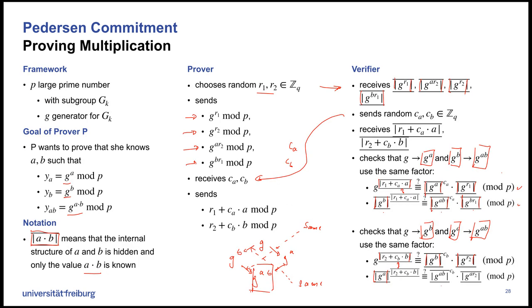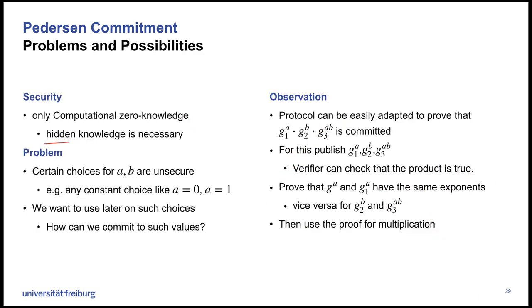Okay, so this is nice because now you can prove multiplication. Can you? And is it really secure? Well, you should be careful, because if you want to prove g to the a times b, and a is equal to 0, you can see the result.